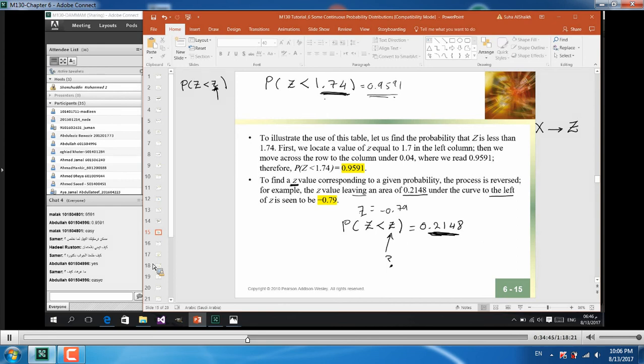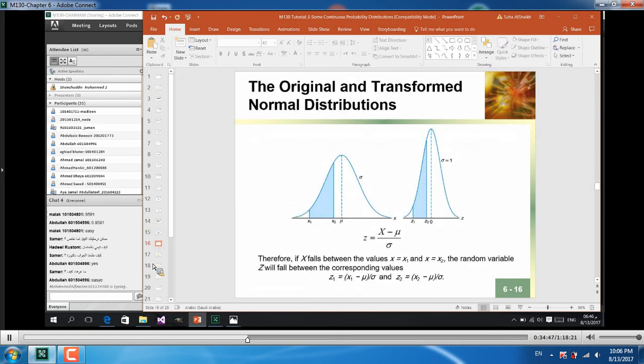Now, if I have an original normal distribution, I want to transform it to the standard normal distribution. If I have x, I want to change it to a standard, then x has a mu, has a sigma, which are not 0 and 1. I want to change it to z with mu equal to 0 and sigma equal to 1.